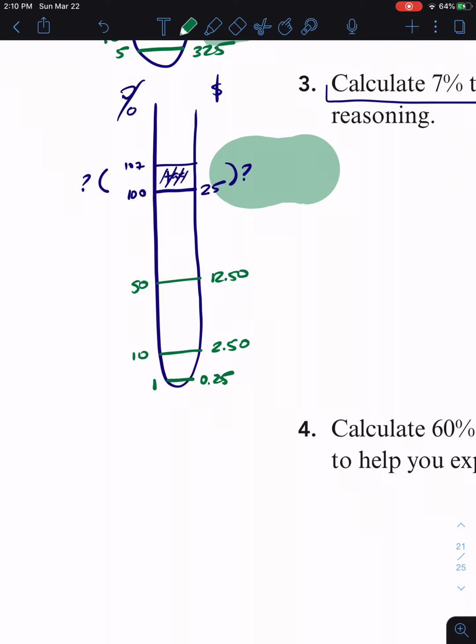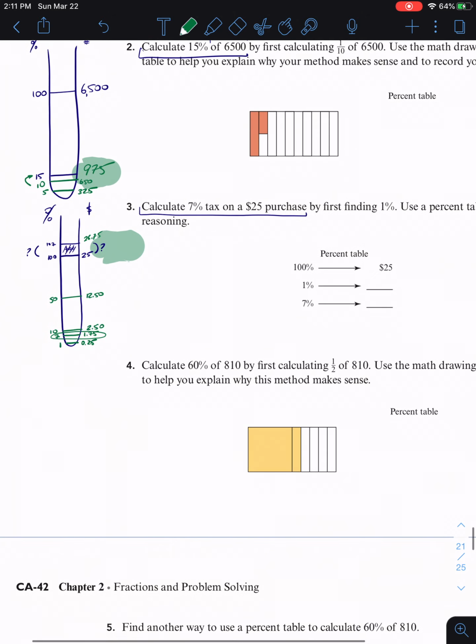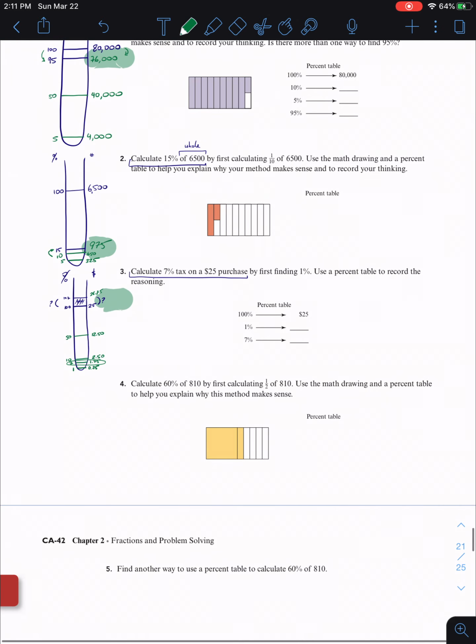So if 1% is 25 cents, what would 7% be? Right? Well, 8% would be $2. So $1.75 would be what 7% is. So the tax that it's asking for is $1.75. If we were asked for the total price, it would be $26.75. But it just asks us to find the tax.